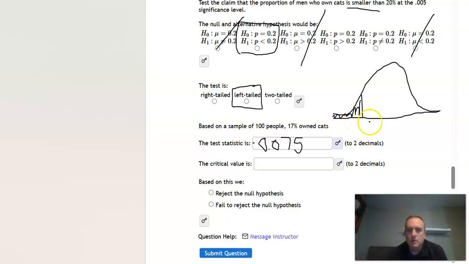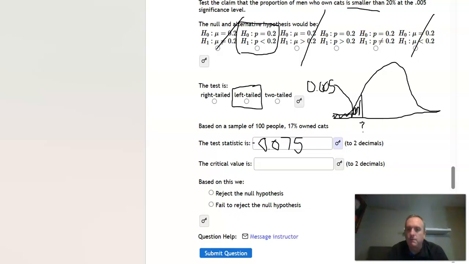So we're looking for, say, this z-score such that the area to the left is the significance level. In this case, 0.005 of the entire whole bell curve is going to be the area that we reject.